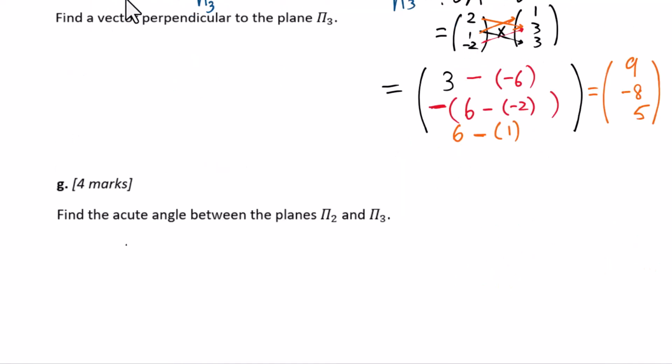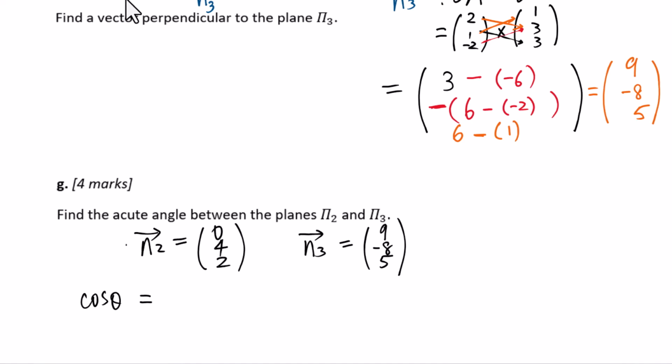Let's go to G. Find the acute angle between the planes pi2 and pi3. We know the normal vector of pi2 equals (0, 4, 2). The normal vector of pi3 equals (9, -8, 5).